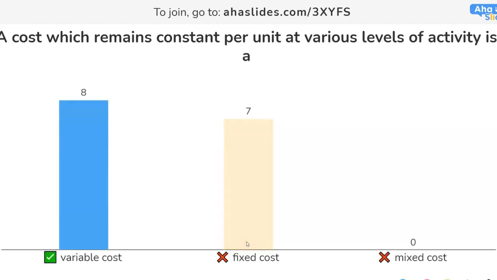It's a variable cost, not a fixed cost. You think because it says remains constant, it's fixed. No, don't be fooled by that. You have to look at it on a unit basis. That's the key thing.